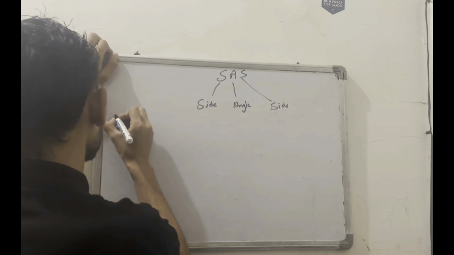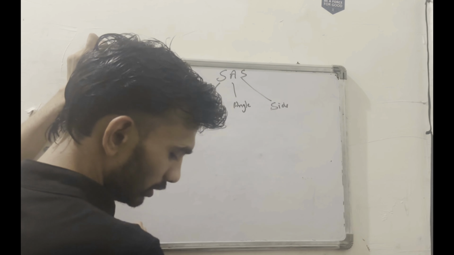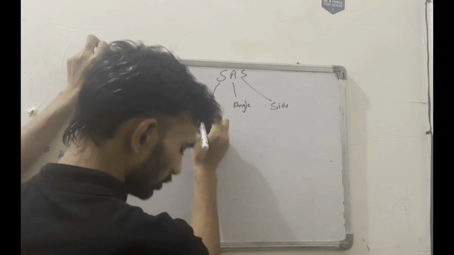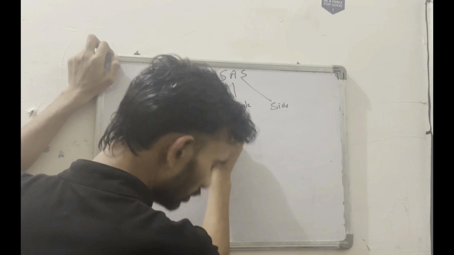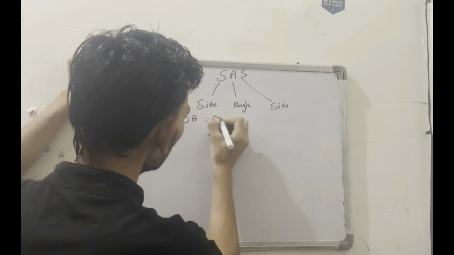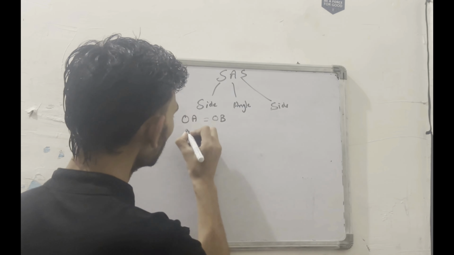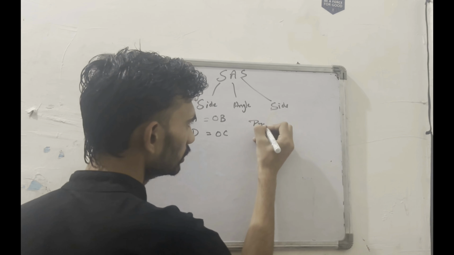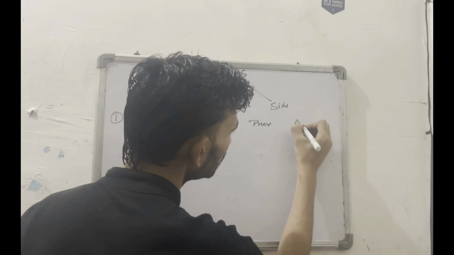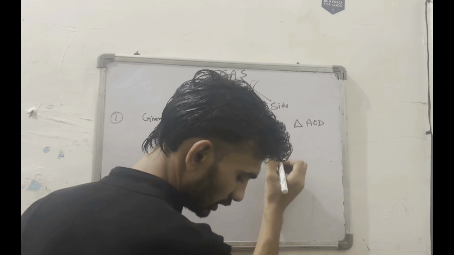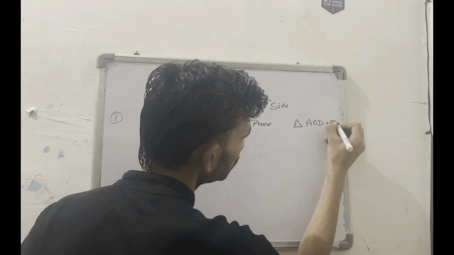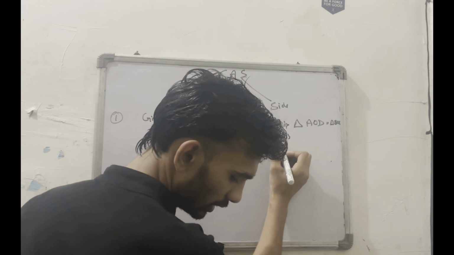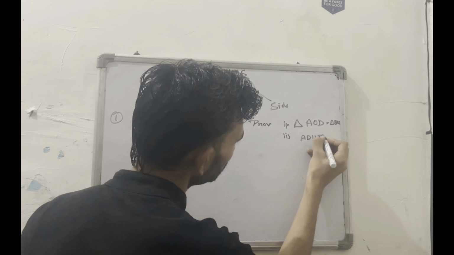So we will take example 1. So the example 1 is your, the given conditions are OA is equal to OB, then after OD is equal to OC. We have to prove, the first condition, triangle AOD is congruent to triangle BOC, and the second condition is AD is parallel to BC.